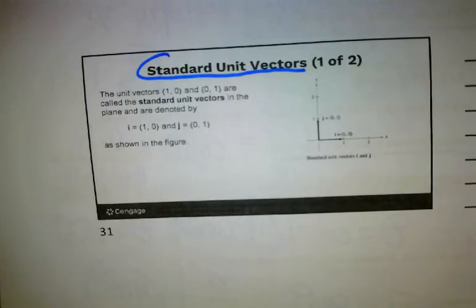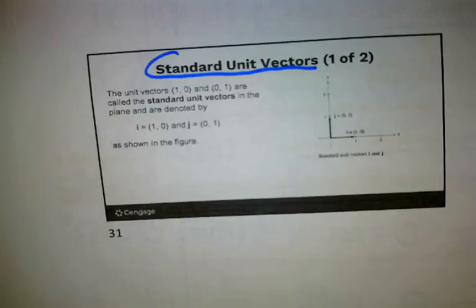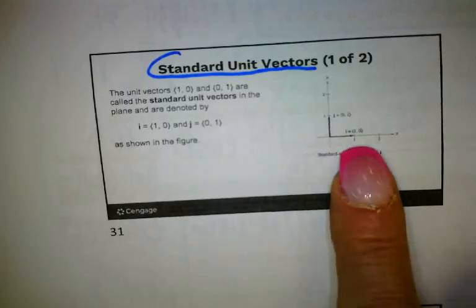In 2 dimensions, there are 2 standard unit vectors. They are vectors that are 1 unit long along the x and the y axis. This is really easy. Don't make it hard. The vector along the x-axis that is 1 unit long is called vector i. So vector i is (1, 0). You go over 1 unit and you don't go up at all.